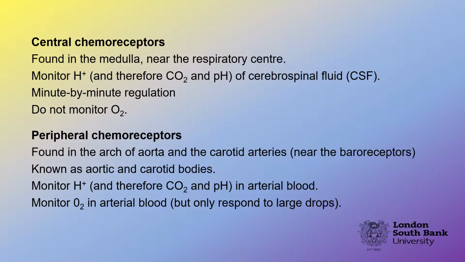They tend to only respond to large drops in oxygen, but they do monitor hypoxia. So if we have a drop down to about 60 millimeters of mercury in arterial blood from 100, bear in mind, then they tend to start responding. Hence, the respiratory regulation is primarily driven by CO2.